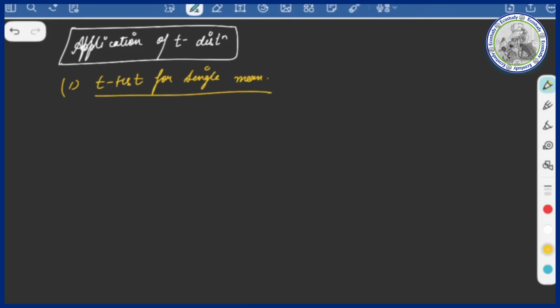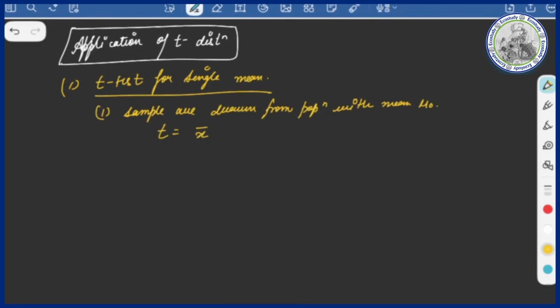So the samples are drawn from a population with mean mu naught.